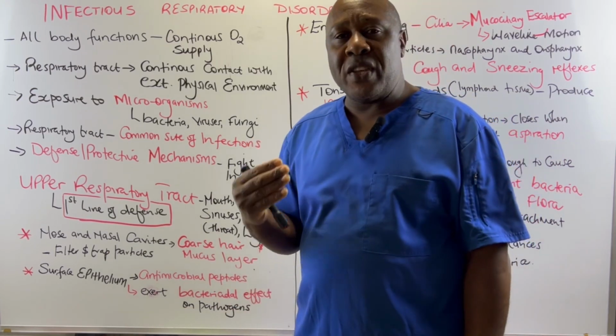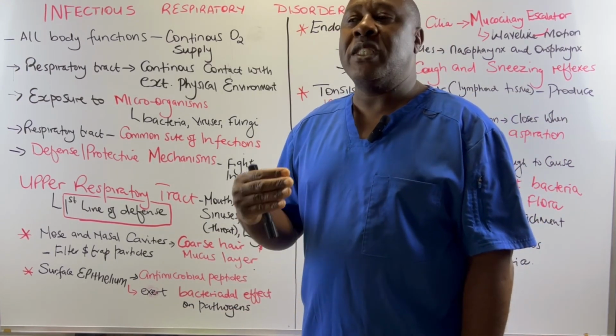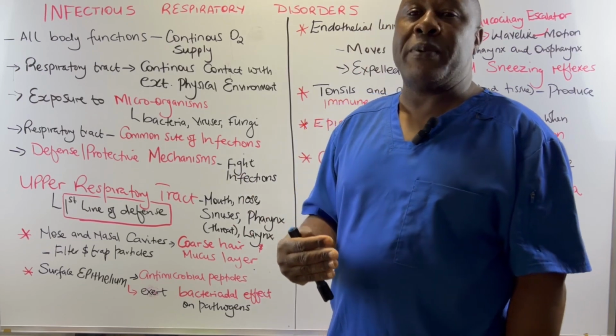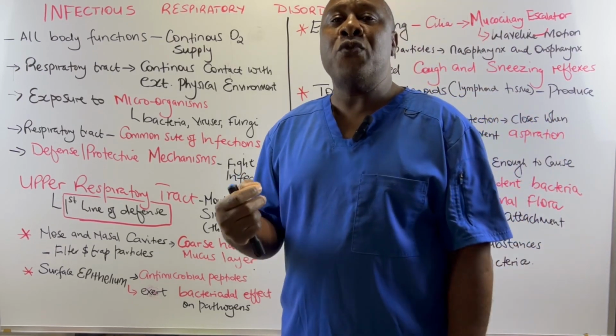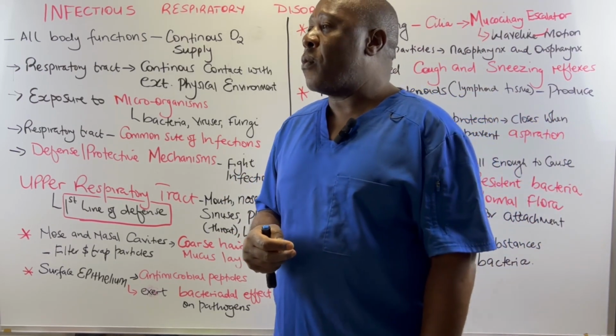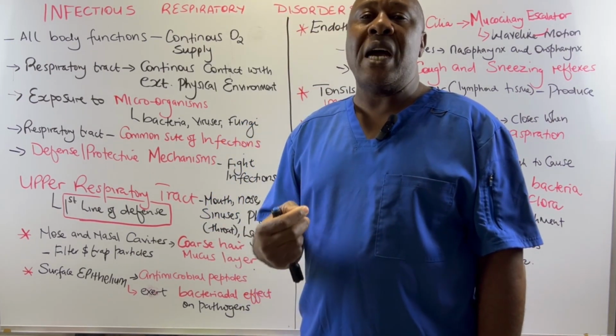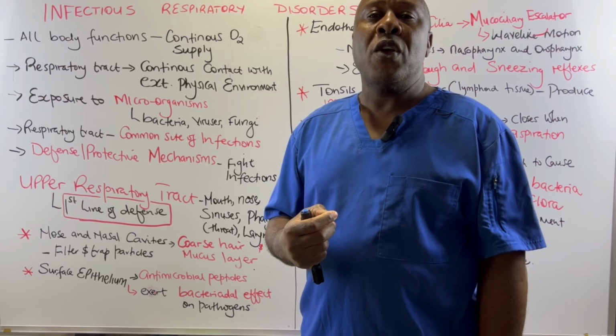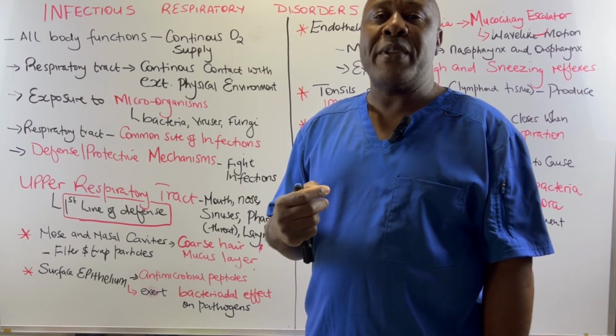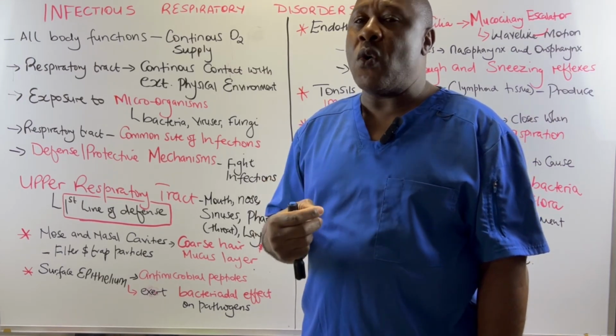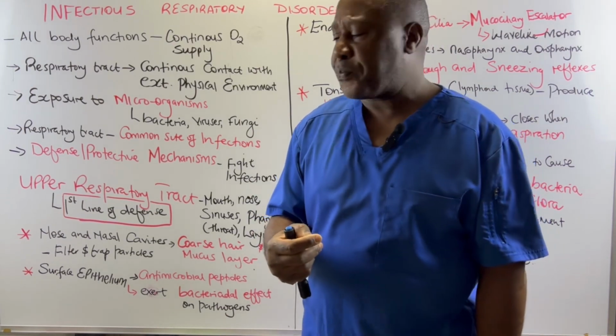So let us look at these defense mechanisms which are in place to help the respiratory tract fight off the infections from these microorganisms. To do that, as usual, we are going to divide our respiratory tract into two: the upper respiratory tract and the lower respiratory tract.